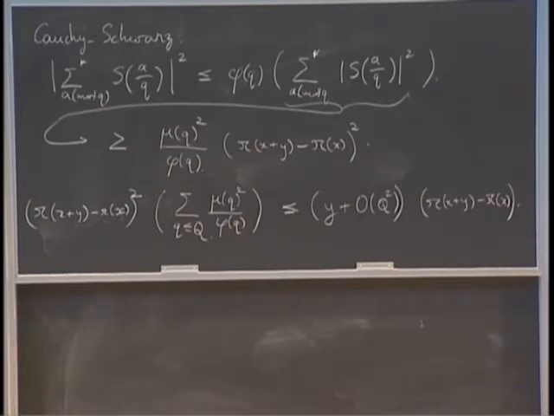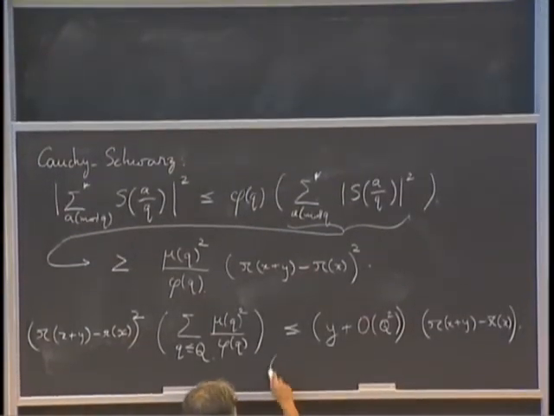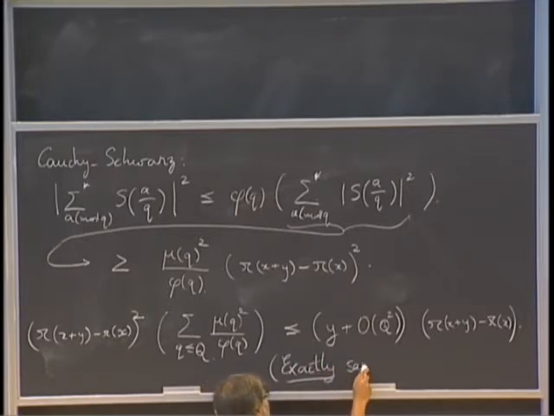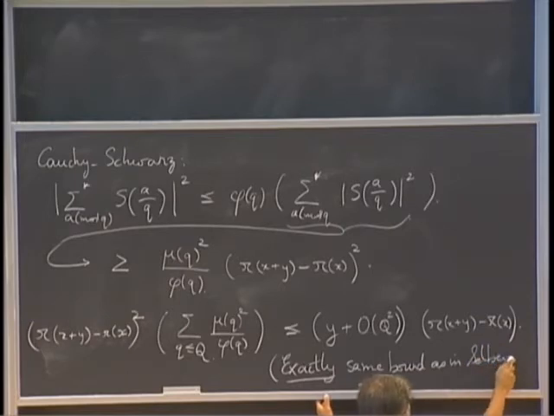The sum over q is exactly the same thing, right? Not even a little bit different. It's exactly the same thing that shows up in Selberg sieve. Okay? So the large sieve is in some ways closely related to Selberg sieve.